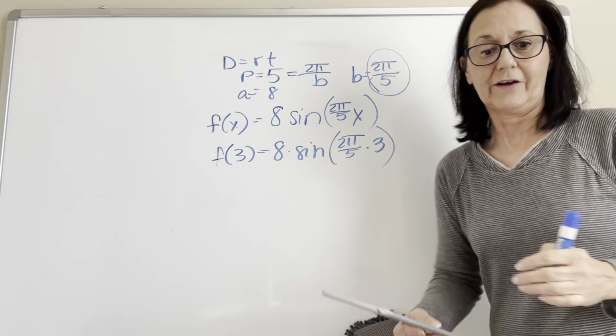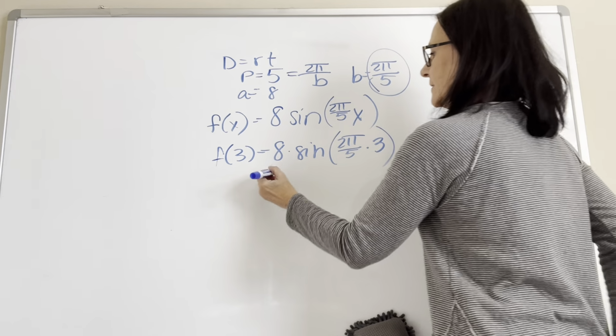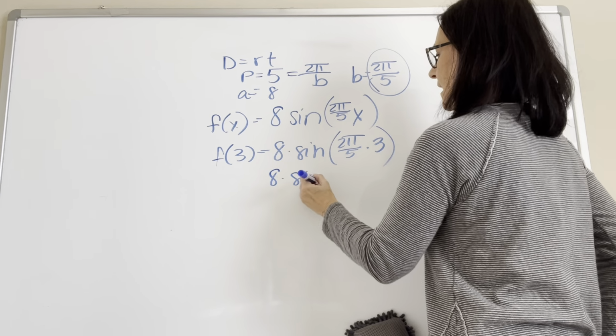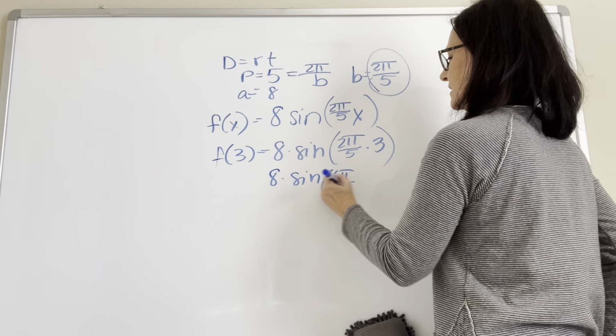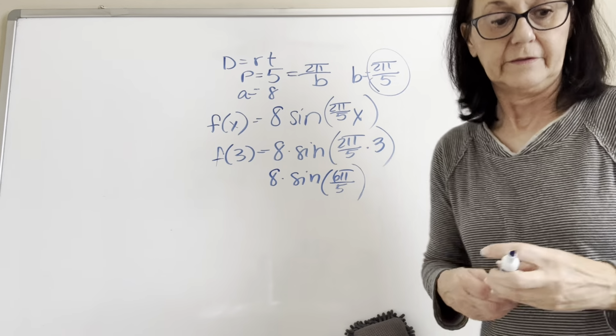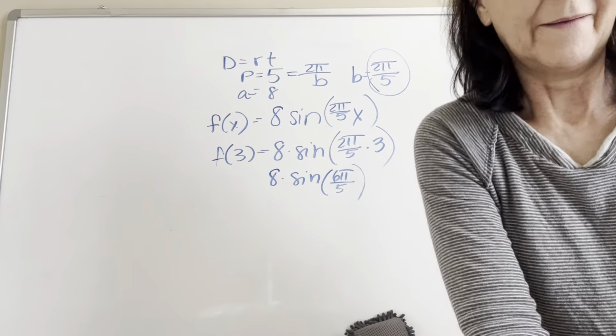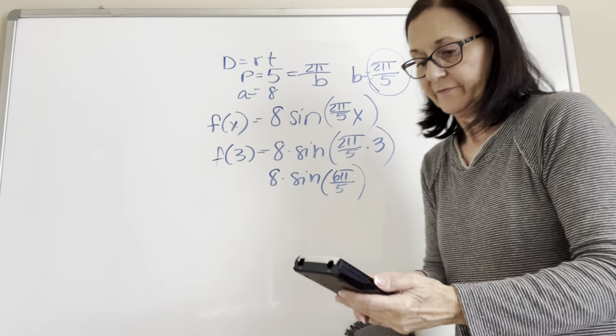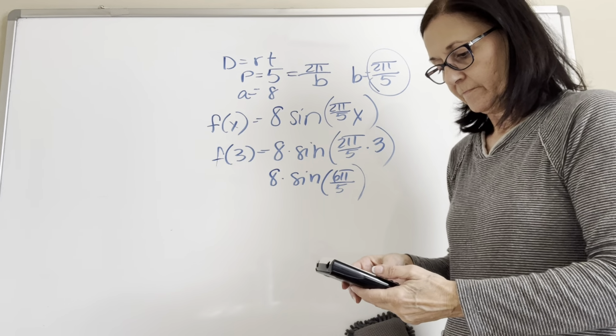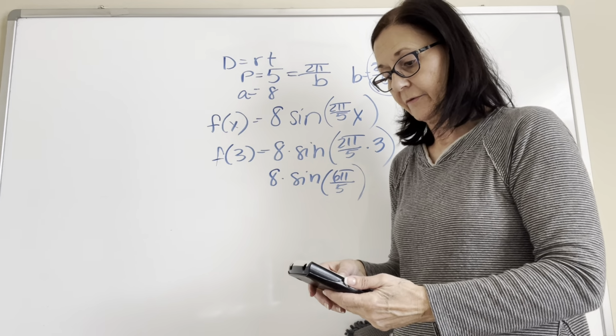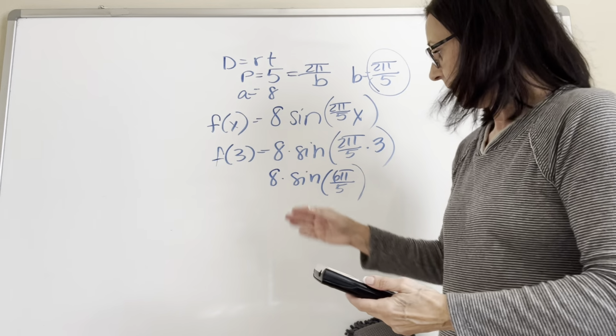You can put that in your calculator. This is 8 times the sine of 6 pi over 5. All right, I'm going to do the sine of 6 pi over 5 first. Make sure, again, that I'm in radians, and I am. And then I'll multiply by 8.